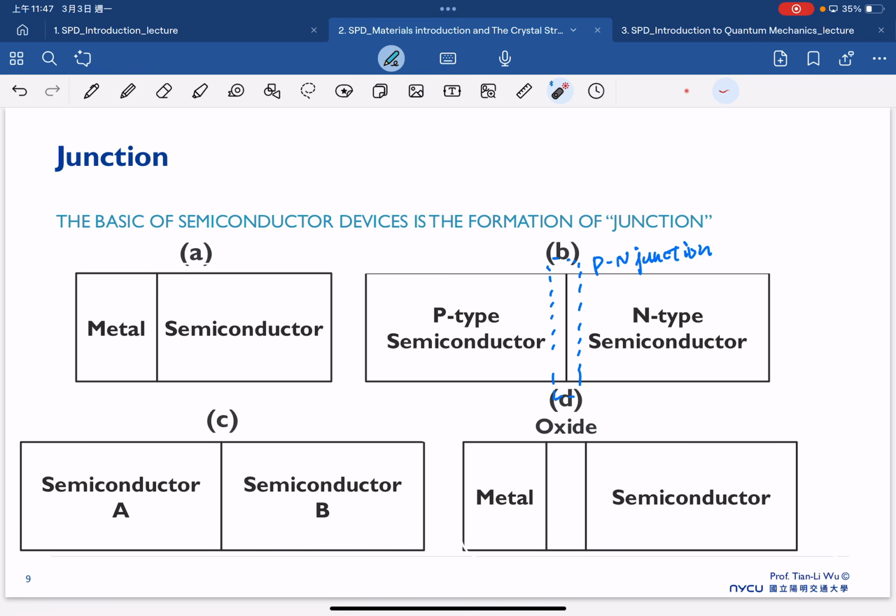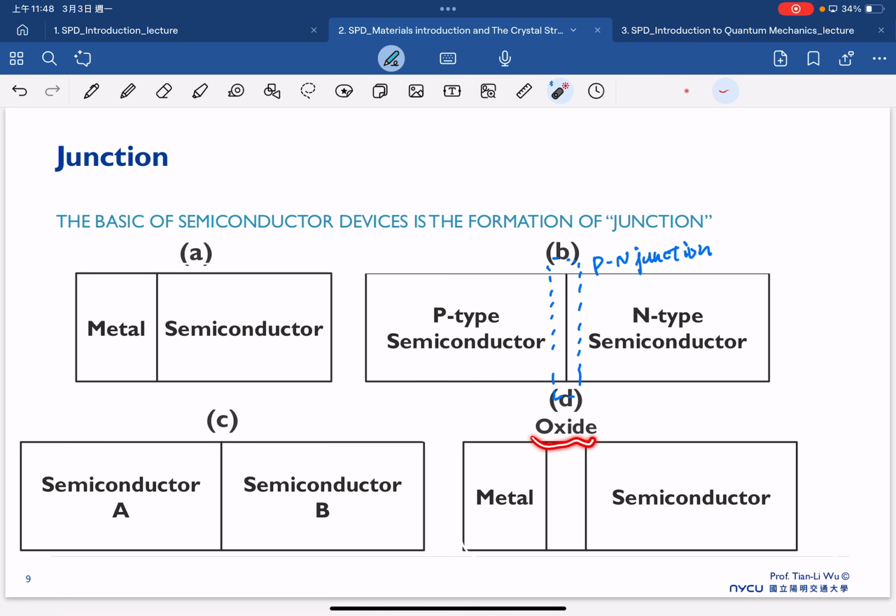In this case, it's mainly silicon and silicon, but we can put silicon and germanium or whatever. Then we also need to understand what happens inside the junction. Or the last part is we even put a semiconductor plus insulator.